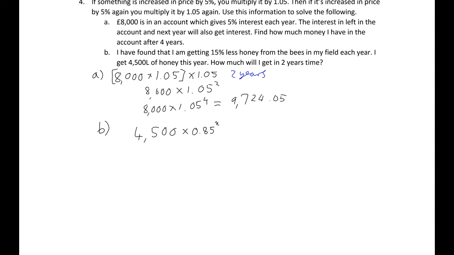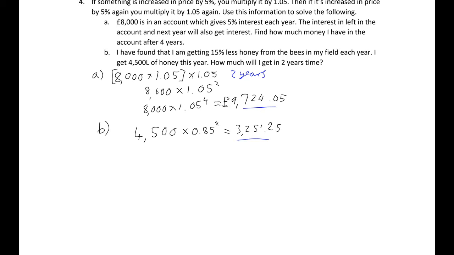So we do 4,500 times 0.85 squared, and that equals £3,251 and 25 pence. Okay. And that's those two done. Well, that should have a pound symbol.